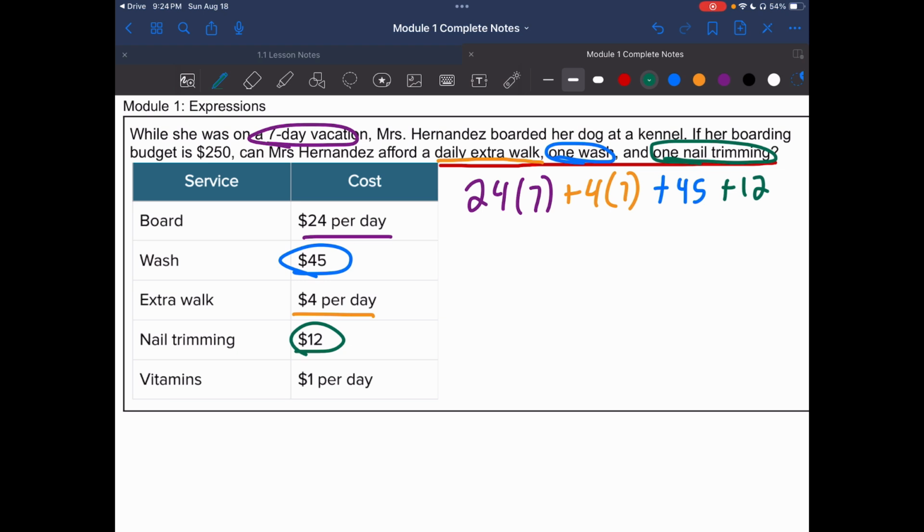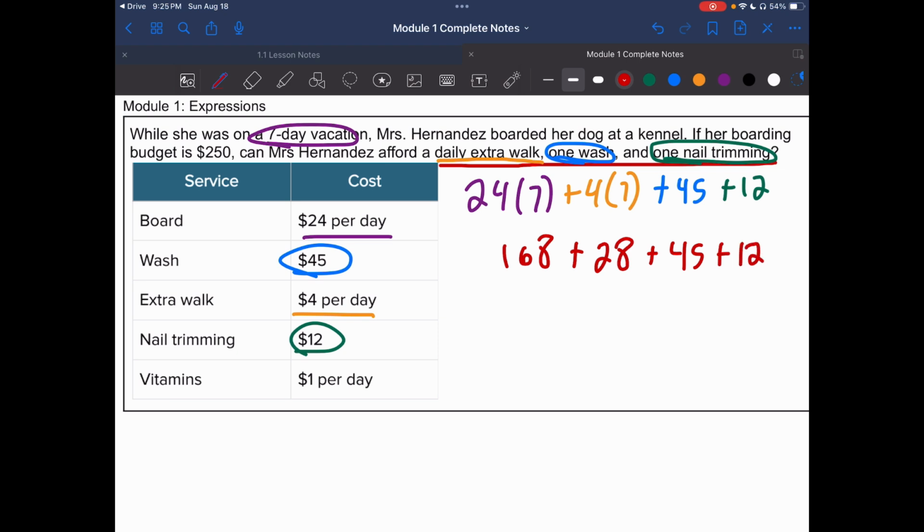Now, I typed it all into a calculator and let that do it for me. 24 times 7 gives us 168, and 4 times 7 is 28, and 45, and 12.